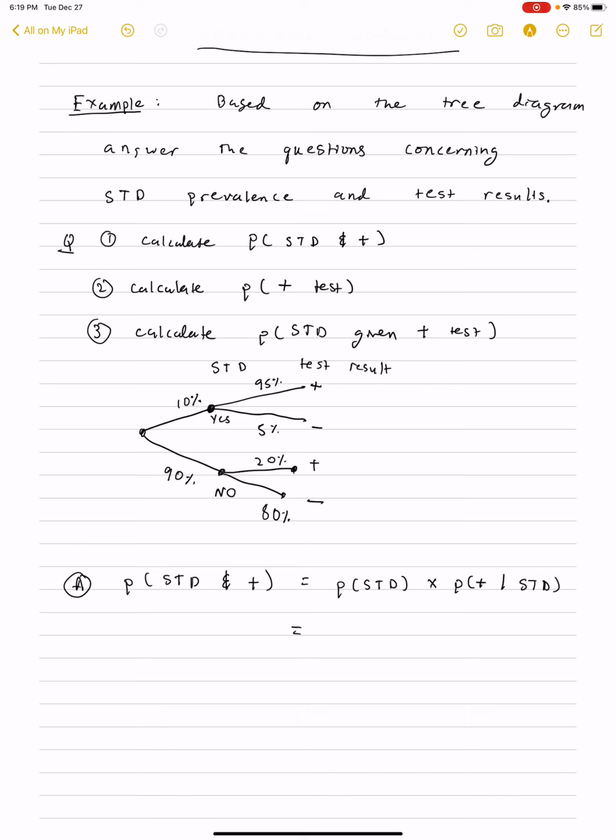Now, the probability of STD, that's 10%, 0.1, times the probability of a positive test for an individual that has an STD, that's 0.95. Okay, so this is 0.095 or 9.5%.